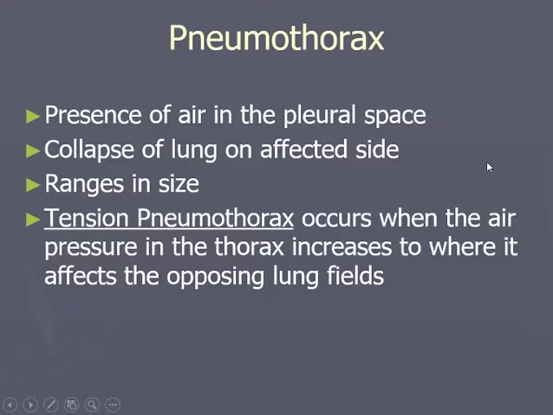And they range in size from very, very small to quite large. And then we have our emergency tension pneumothorax, where the air pressure inside the thorax increases to where it actually pushes over to the other side of the chest, pushing the heart and the other lung over, where you have a large volume of free air in there that is not being used for ventilation.